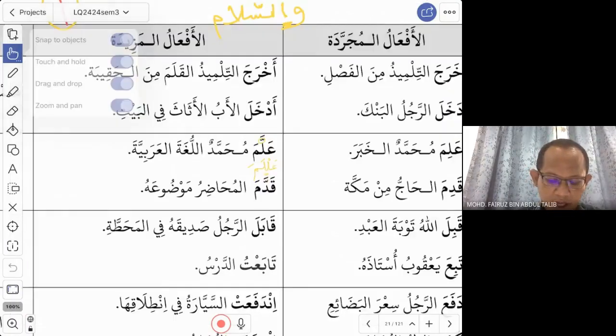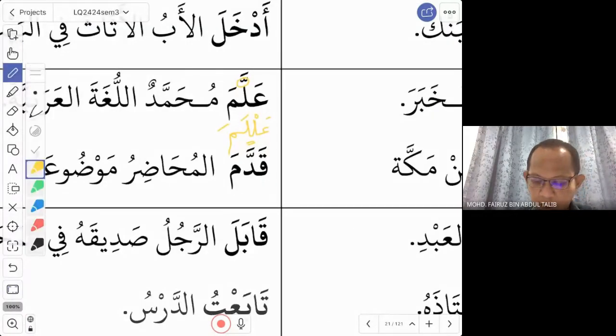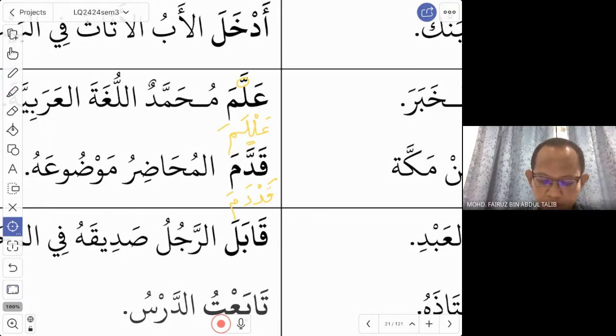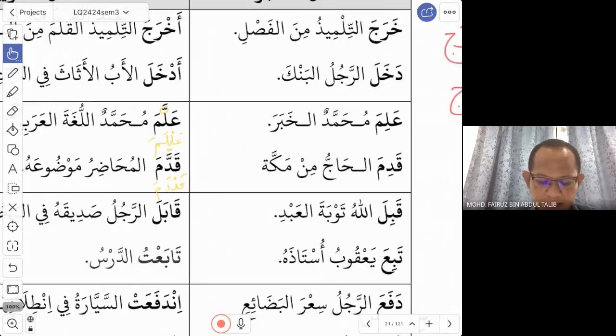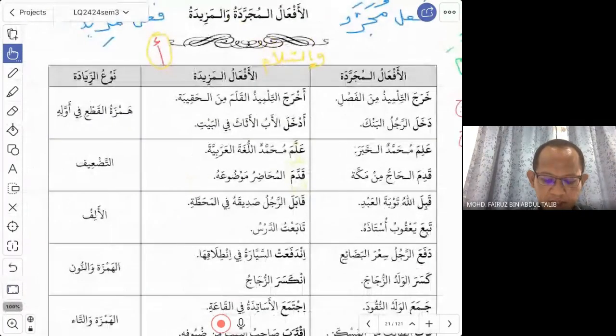Qaddama, not just qadima. So what did we do here? We double the middle letter, which is the letter dal. Qaf, dal, you add another dal. So now this is fi'lun mazid, where we double the middle letter.